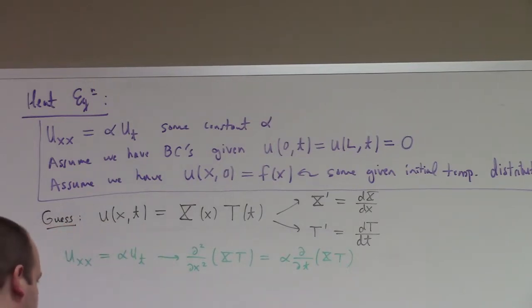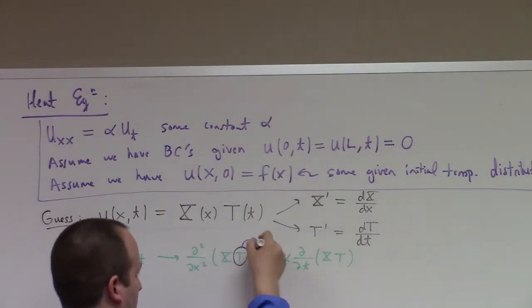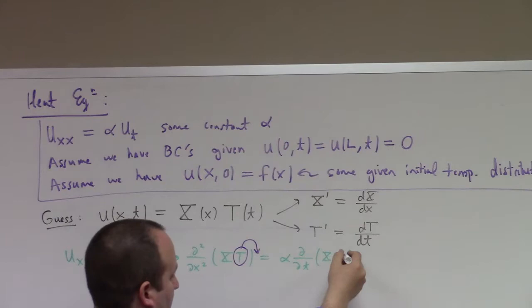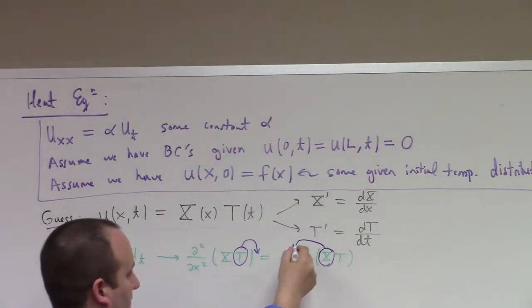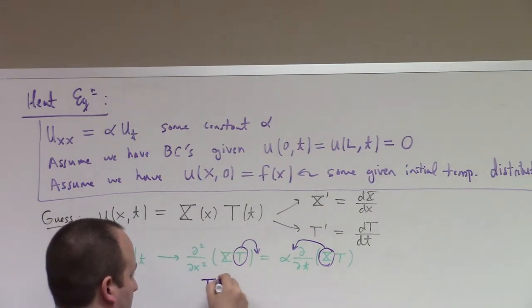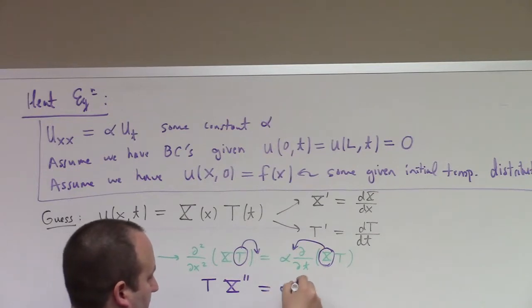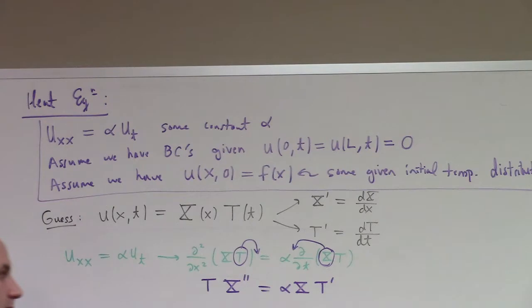But the thing is that T is not a function of x, so this just pulls out. And likewise over here, you could think of this as pulling outside the derivative. And so what this gives me is just T X double prime equals alpha X T prime.